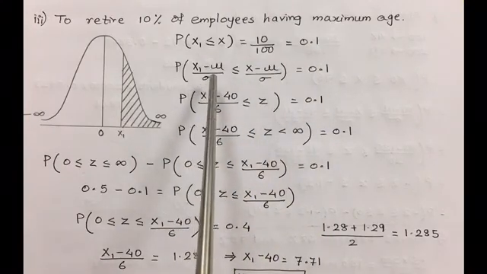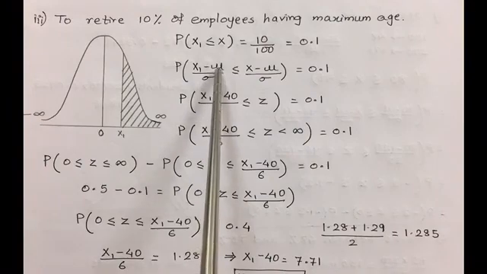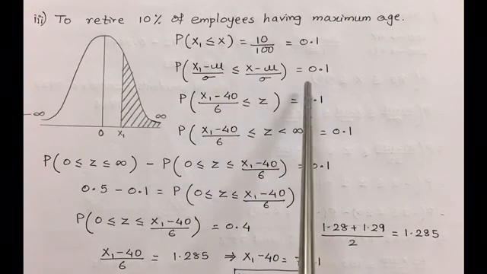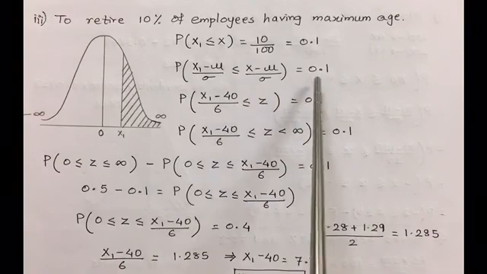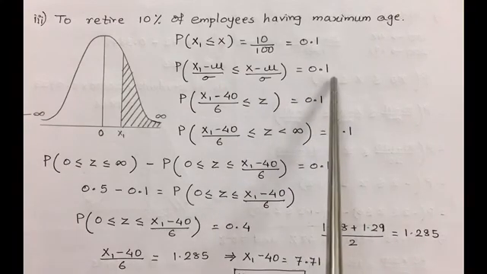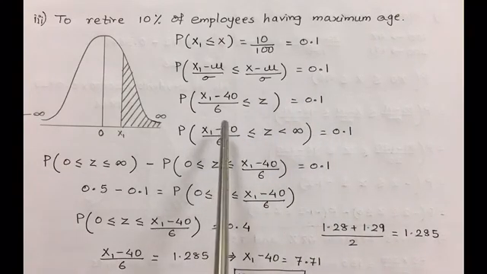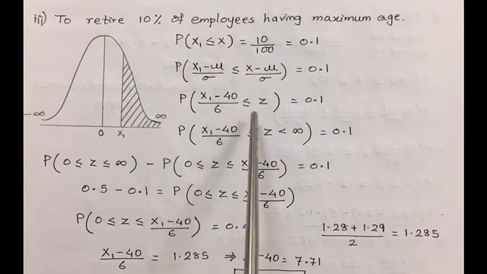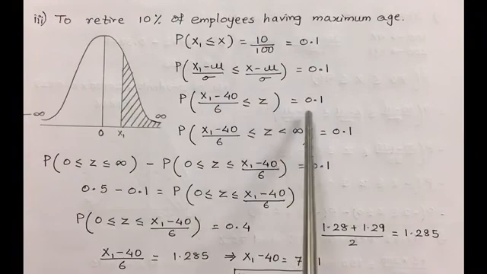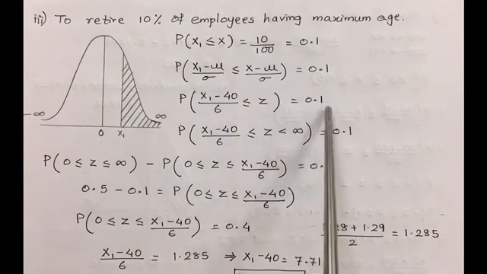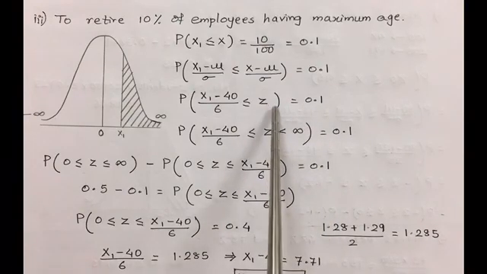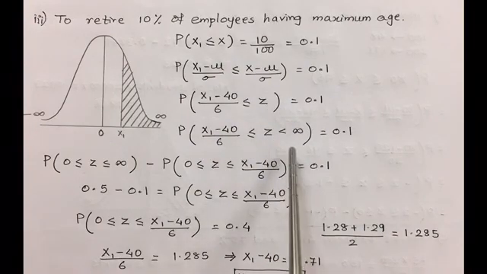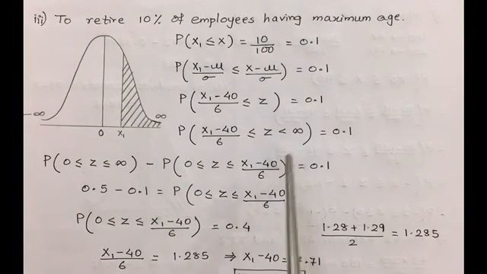Standardizing the variable by subtracting mu and dividing by sigma on both sides, that is equal to 0.1. So (x1 minus 40) divided by 6 is less than or equal to z, that is equal to 0.1. On the positive side, the right side of the limit is missing, so we will add positive infinity there.